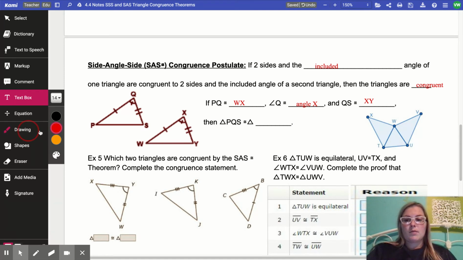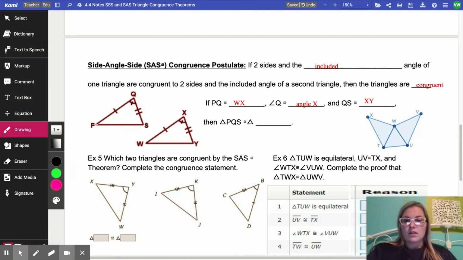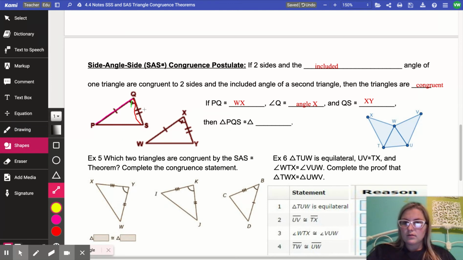So let me go over that. My side PQ, my angle Q, and then my side QS. There, it's going to be in yellow.